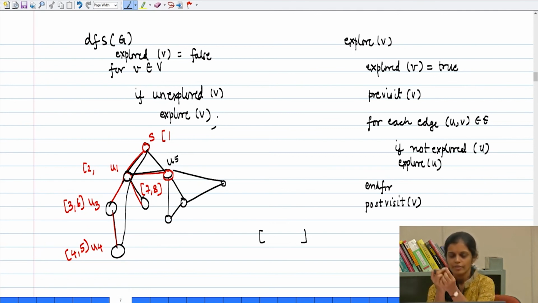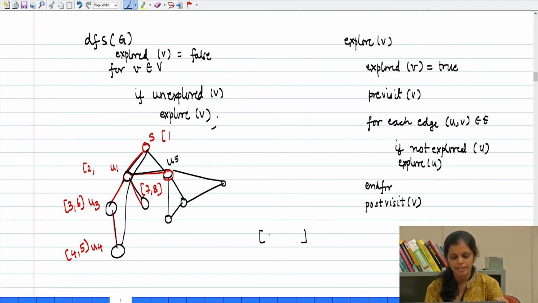You can think of these pre-visit and post-visit numbers as being an interval. So what does this interval represent? It represents that this vertex was active during this time, or alive, or unexplored from this time to this time, this counter.